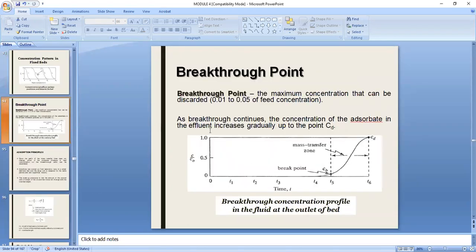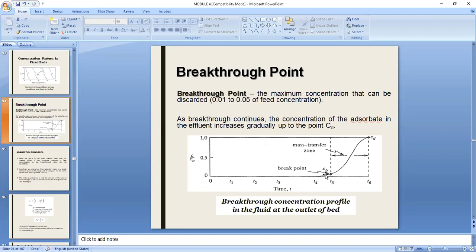The breakpoint is mentioned in the process of adsorption. That is the point wherein the maximum concentration can be discarded. So here, 0.01 to 0.05 of the feed concentration is discarded already. That's the breakthrough point.